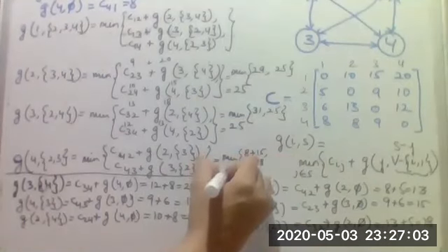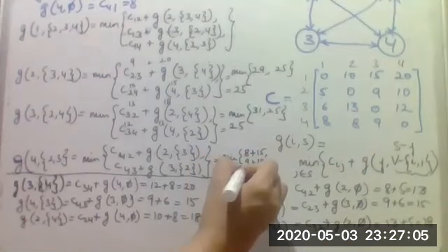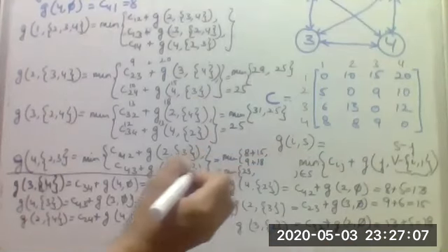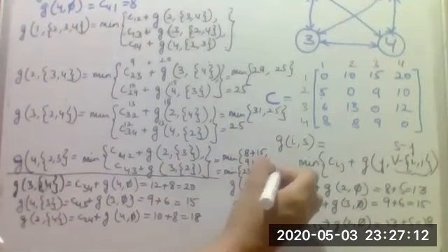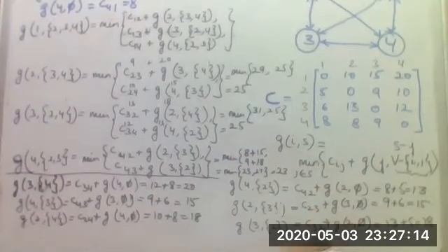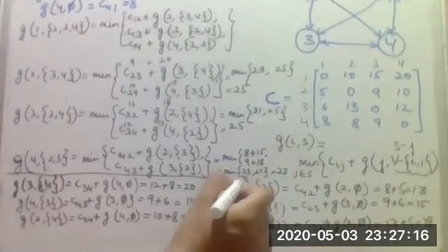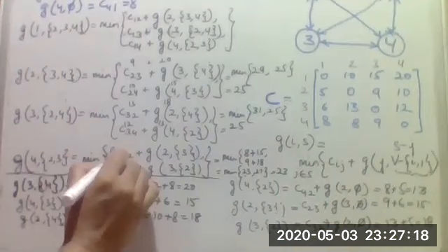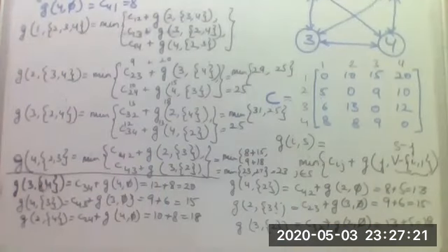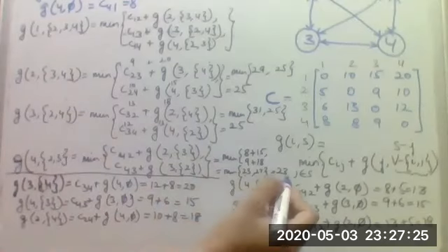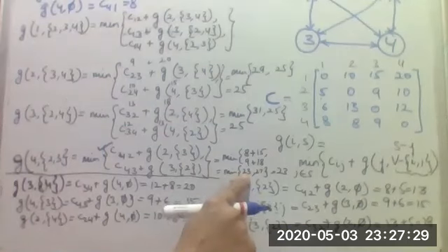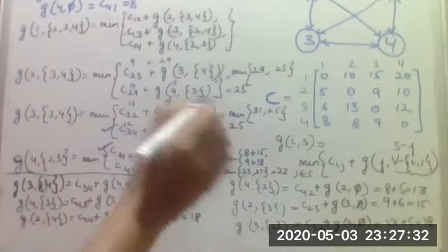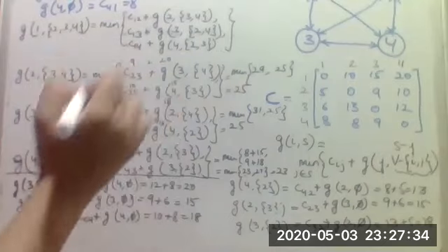So this is the minimum of 23 and 27, which is equal to 23. So in this case we have selected the first one, which has given us the answer 23, in this case 25, and in this case also 25.